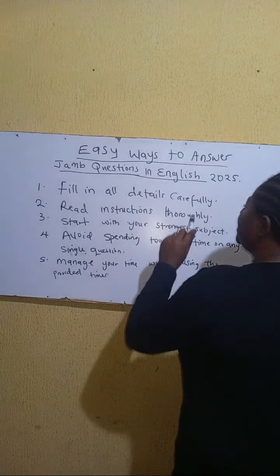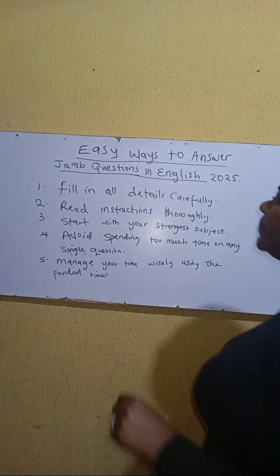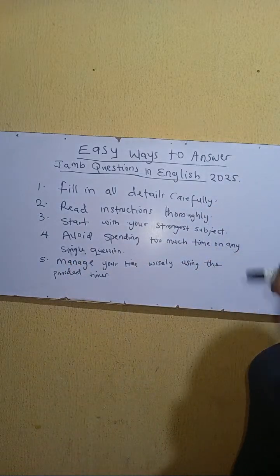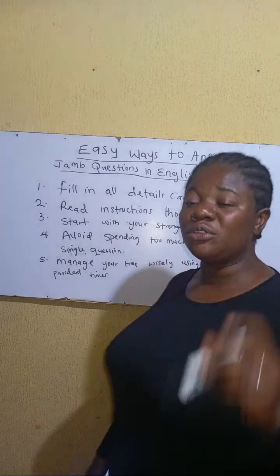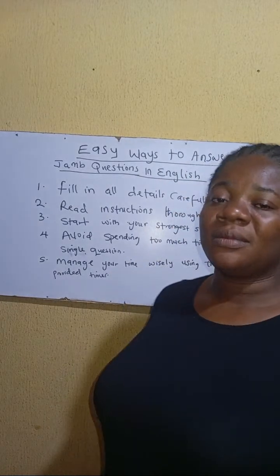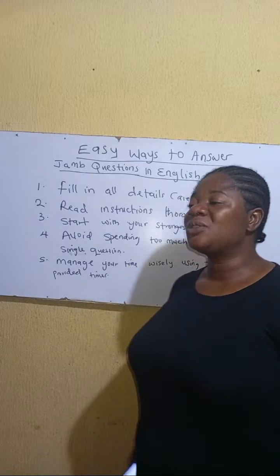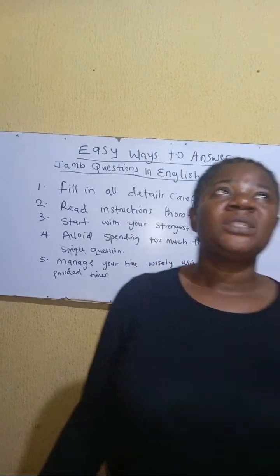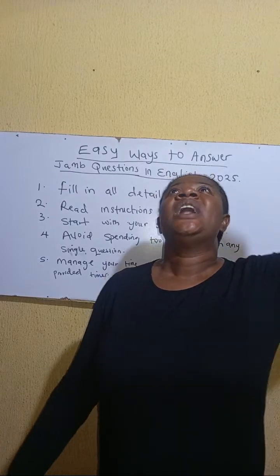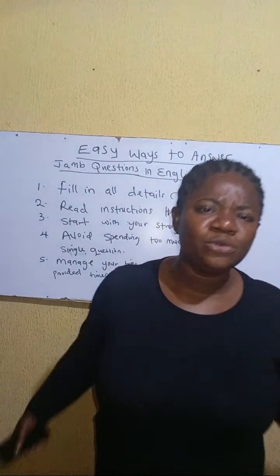First, you fill in your details carefully. Second, you read instructions thoroughly. If you did not read the instructions, you might not know how many questions they have asked you to answer. In some exams, people stand up and say, "Ma, how many questions are we supposed to answer? Are we supposed to answer all the questions?" That's wrong.